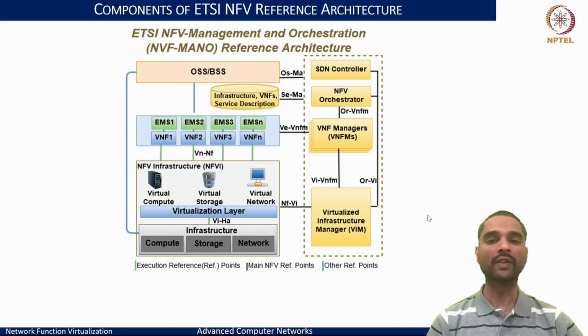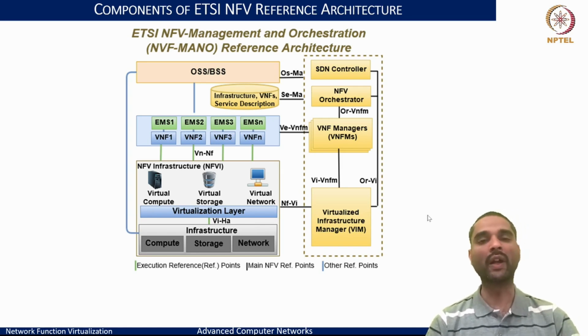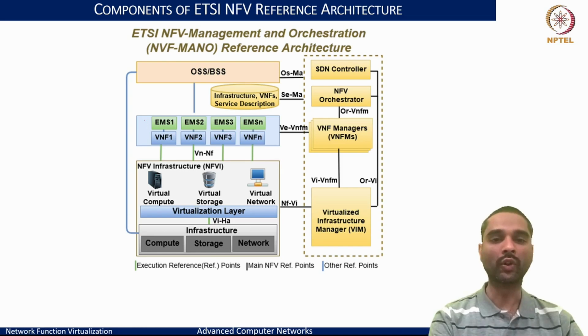And to do that, ETSI came up with what we call as the EMSs or the element management systems, which would be responsible for the functional management of these virtual network functions.